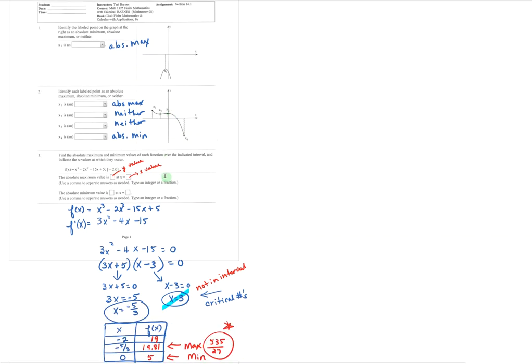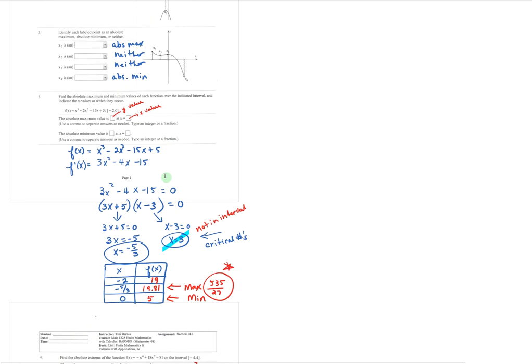All right. Now, number 3, we get to do the work to find the mins or maxes. So here is our function. Here is our interval. And you're asked to put in the absolute max value is blank. That's a y value at an x value. And then the min down here. So first thing, here's our function. We're going to take the derivative.